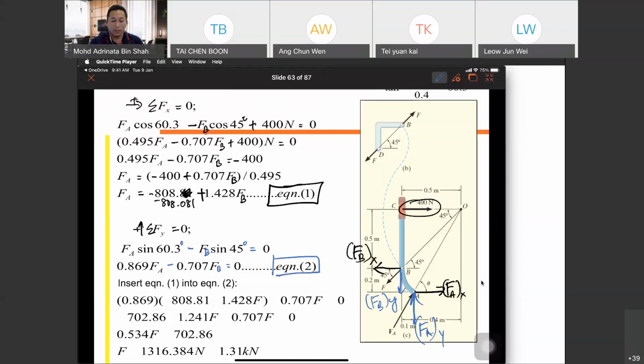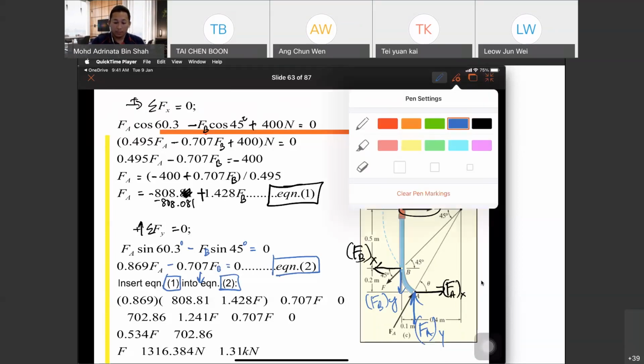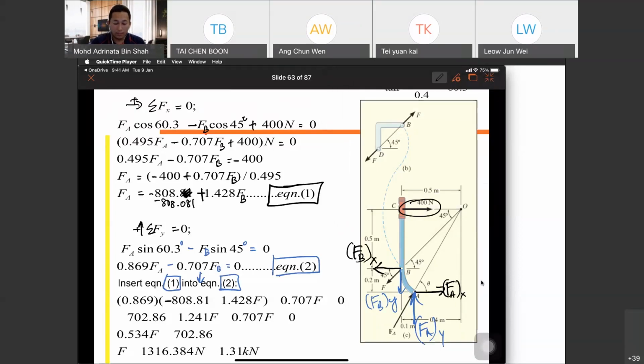Then put equation 1 into equation 2. So you need to solve this one. FA, the whole FA, put inside here.